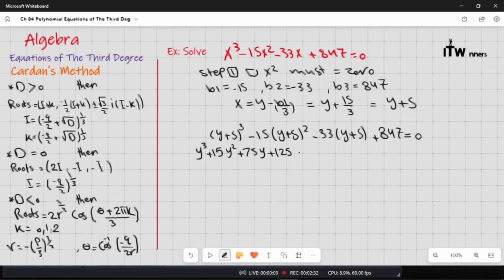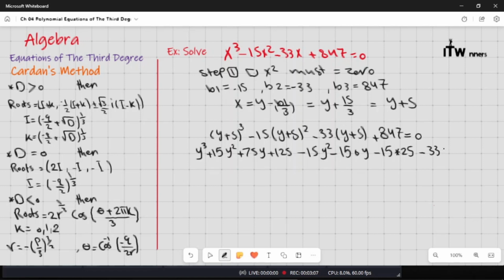Then we multiply negative 15 by the expansion of this bracket, so we have negative 15 y squared, minus 150 y, and minus 15 times 25. Just multiply.